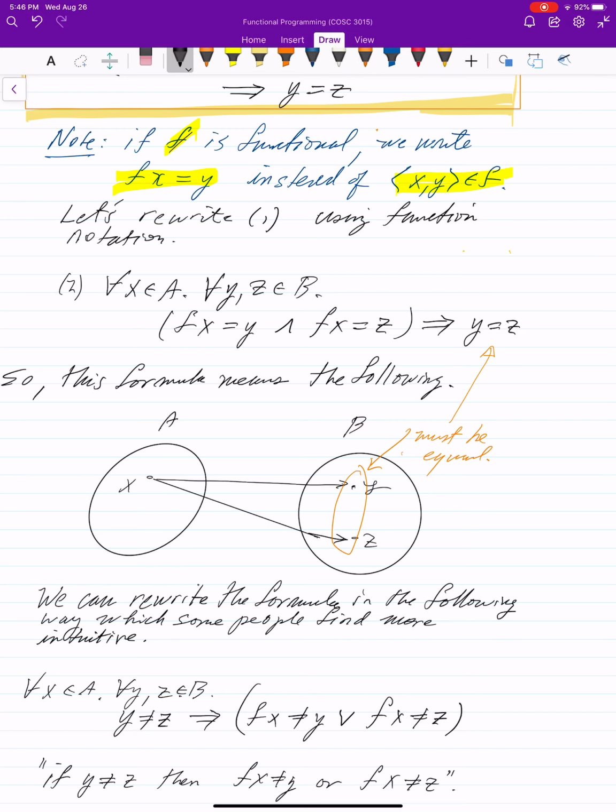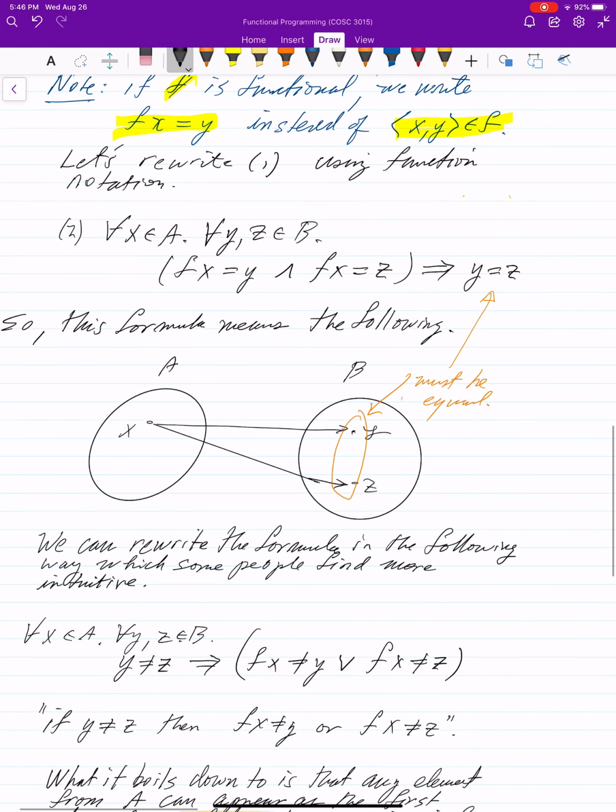These things must be equal. Now, until you have practice, this formula can seem, okay, look, it's got universal quantifiers in it. Like, what does that mean? That means for all.